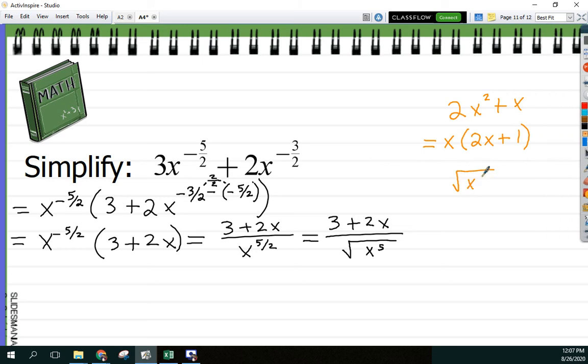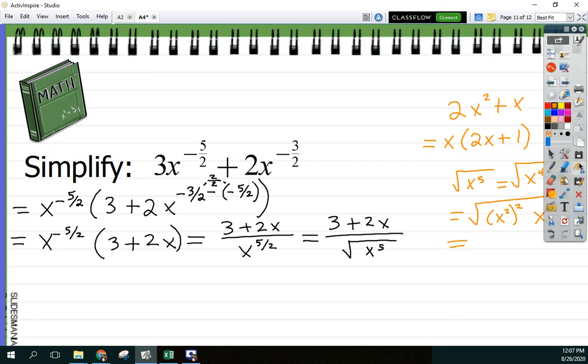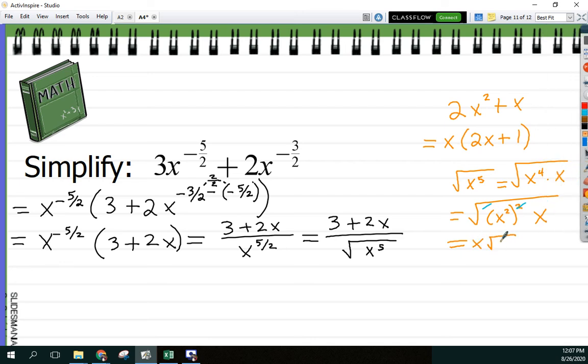So x to the 5th, well, we could rewrite that as x to the 4th times a leftover x. And the reason we want to do that is because now this is x squared times x. So our x squared is going to reduce with the radical, and I have an x squared on the outside. And then we're left with the square root of x still on the inside.